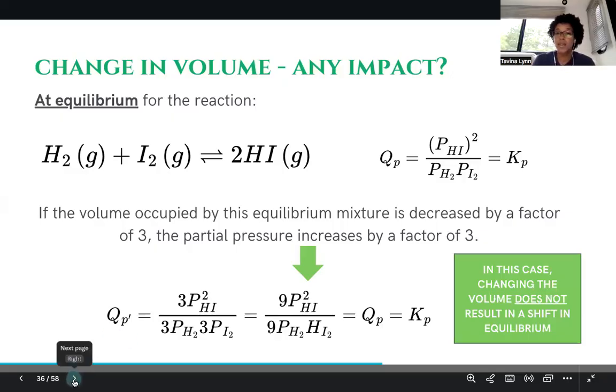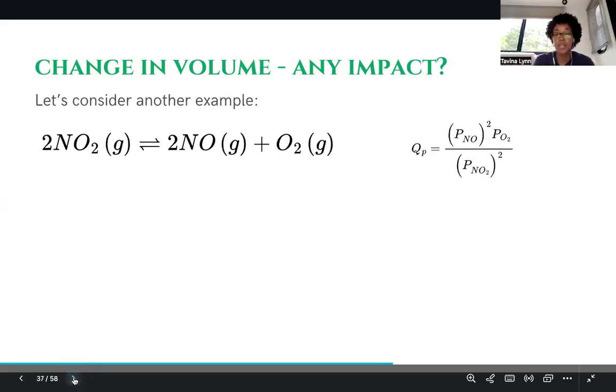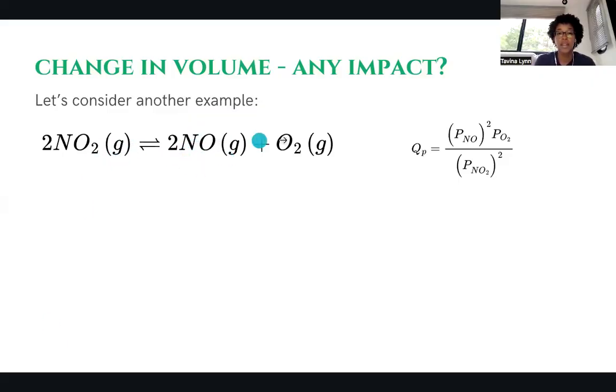So let's look at another example to see if this is universally true. So here's another example where we have 2NO2 decomposing to nitric oxide and oxygen gas. So here is the reaction quotient at equilibrium.